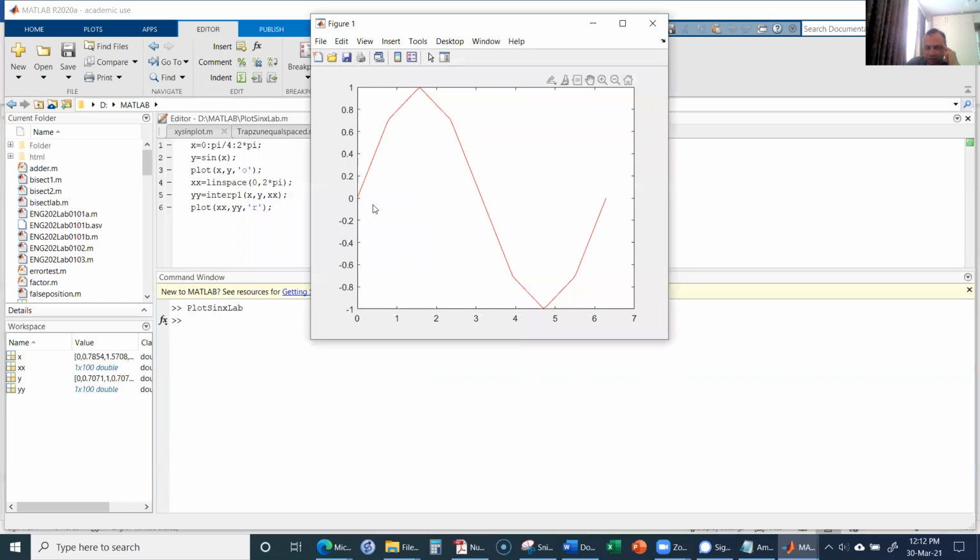So I have got this plot. This is the plot for xx and yy.